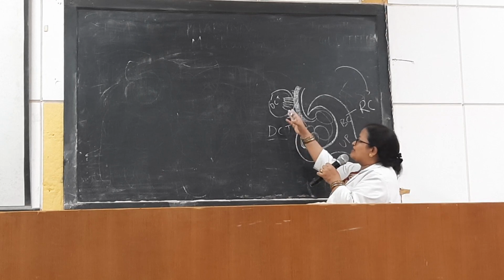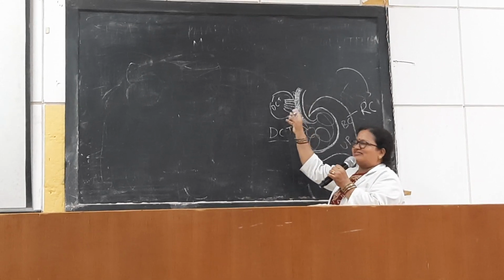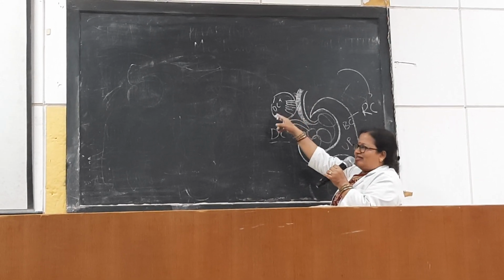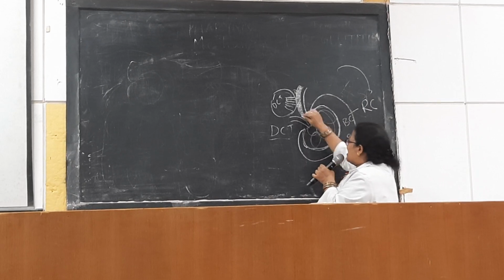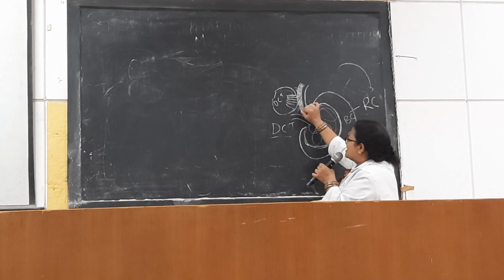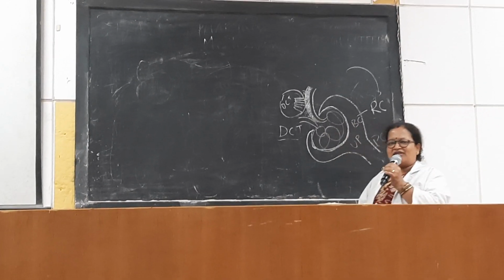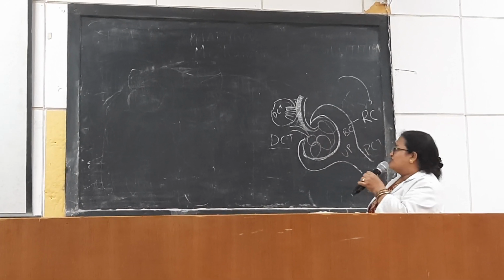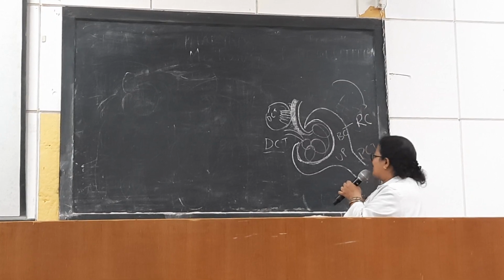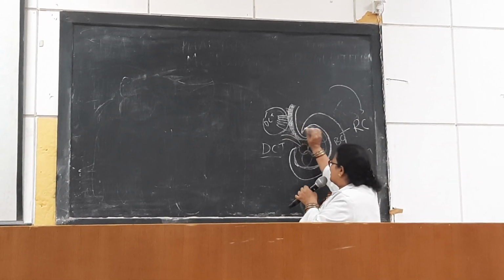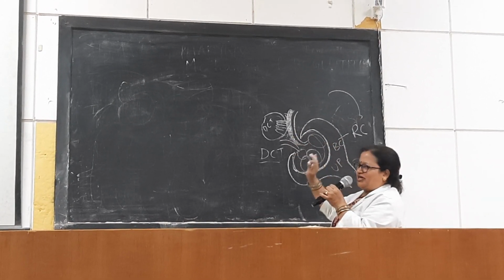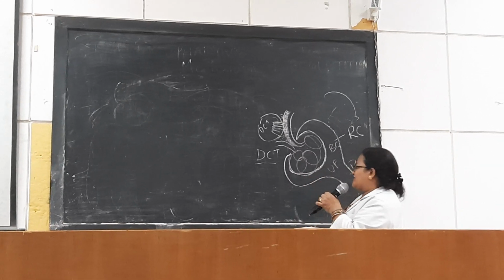To remember the macula densa, D for D, distal convoluted tubule. And in between, some lacis cells are there. These are extraglomerular mesangial cells or Polkissen cells. So these are the three components of the JG apparatus.